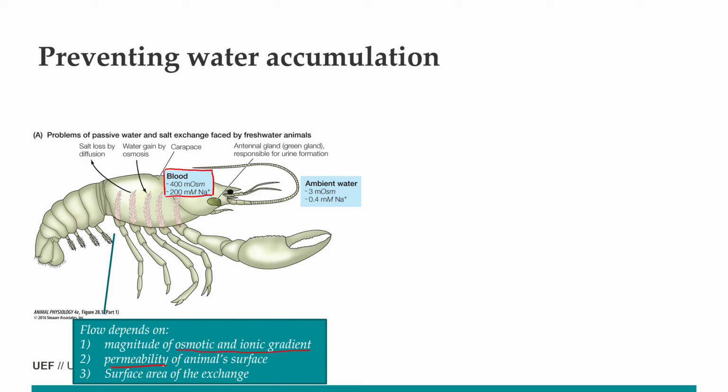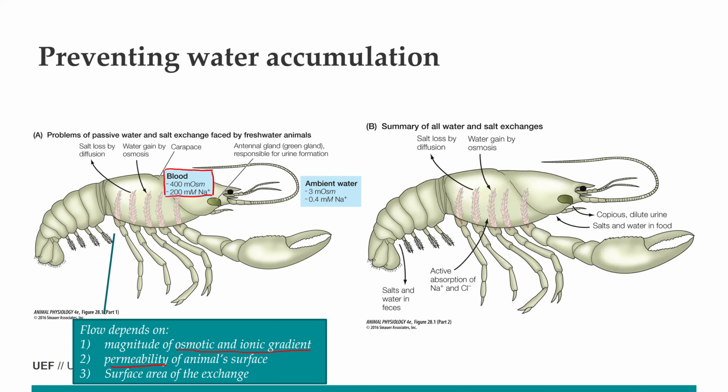So if you have different kinds of areas where you are allowing water and sodium to flux through the cell epithelium, then the surface area is important. But in the theory of diffusion and osmosis, this is the risk, but you can get rid of it a little bit with active transportation.